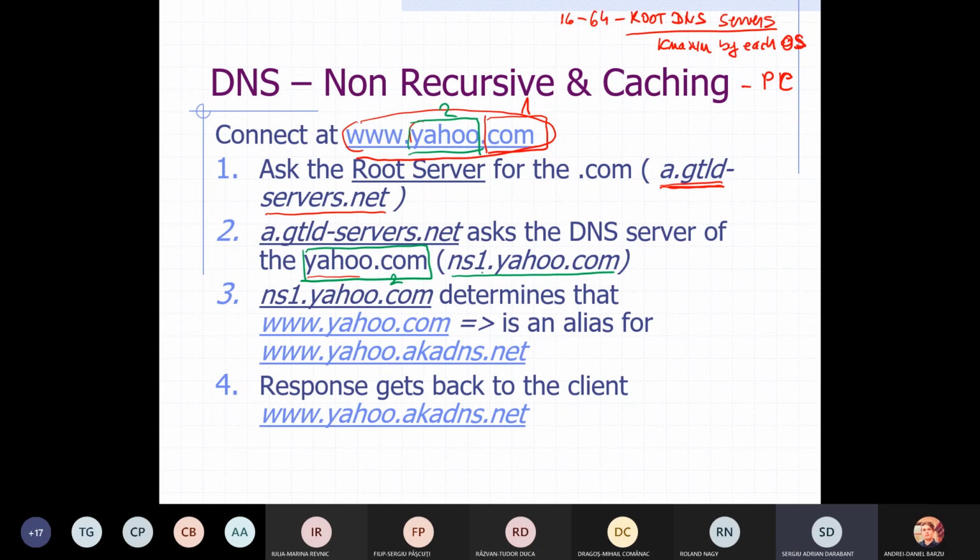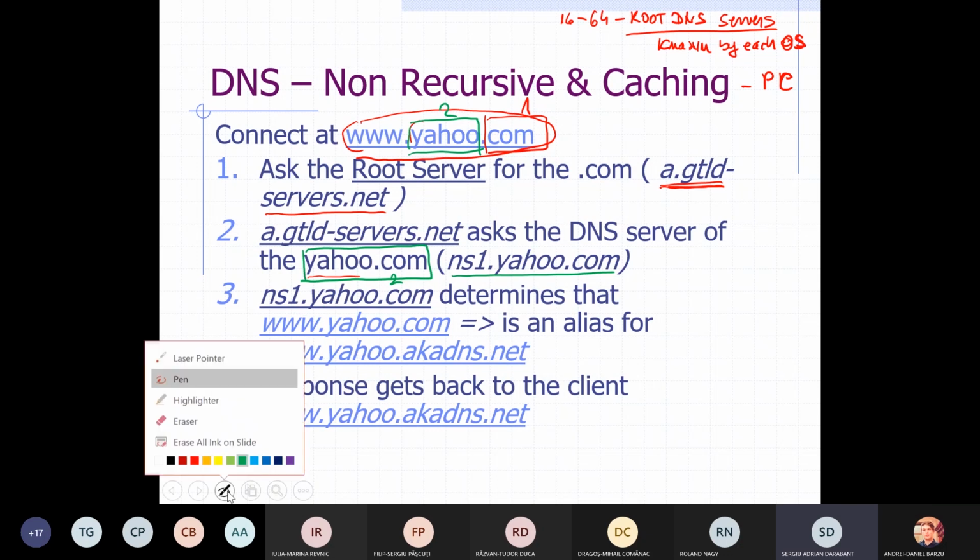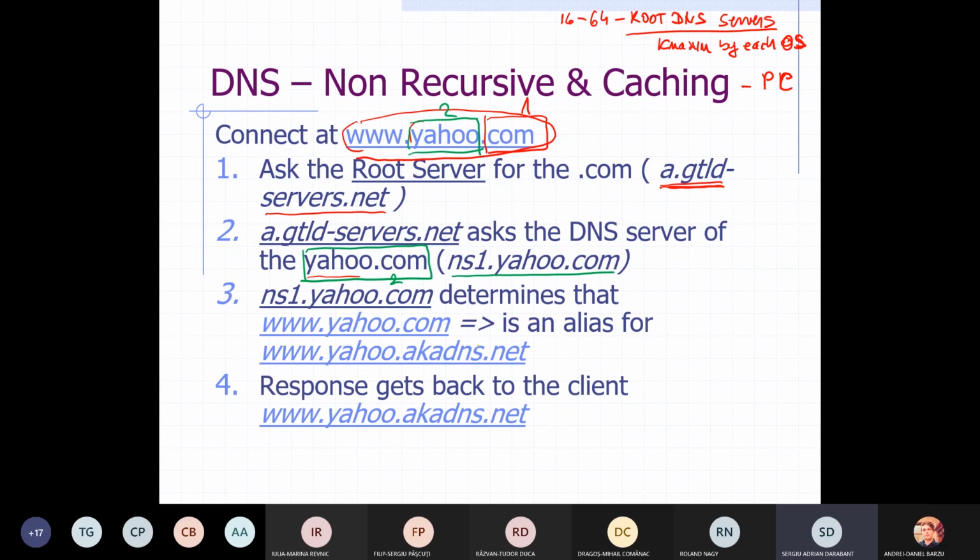You see that this DNS server already belongs to Yahoo. So it goes into the third step and asks ns1.yahoo.com about www.yahoo.com.